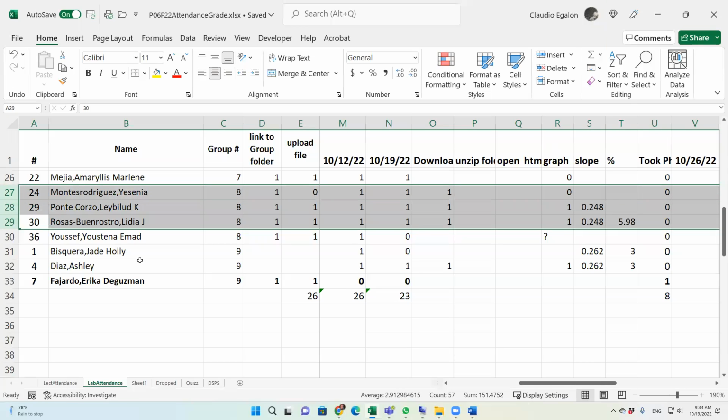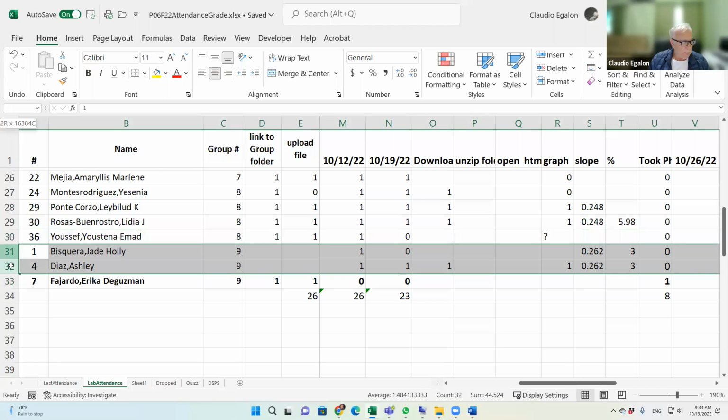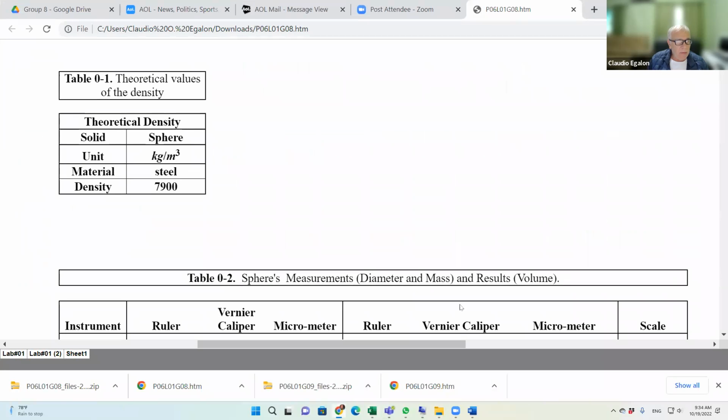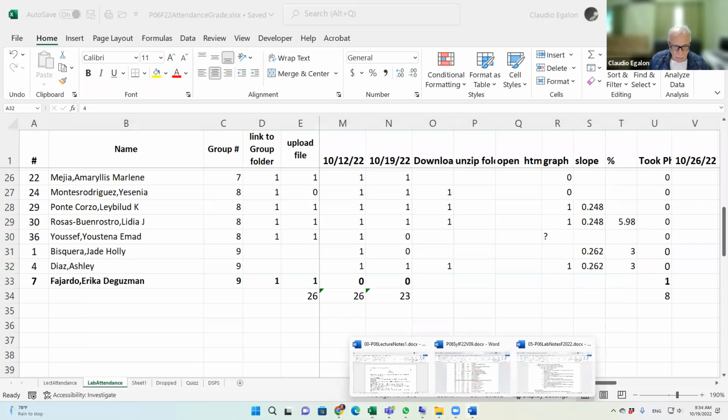Okay, good. And let's see. So we have just 1 student in group number 9, right, Ashley? So do you see the grade there, Ashley? Yes, sorry. Okay, good. Okay, so that's the exercise that we're going to be doing the whole semester, and it's all documented here in my notes.